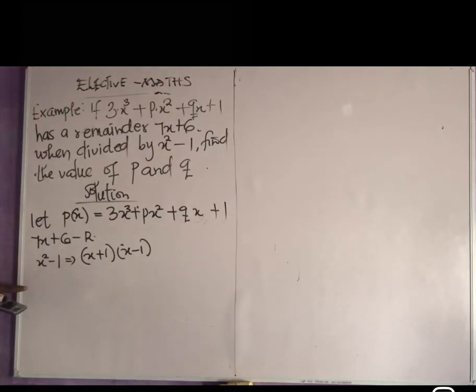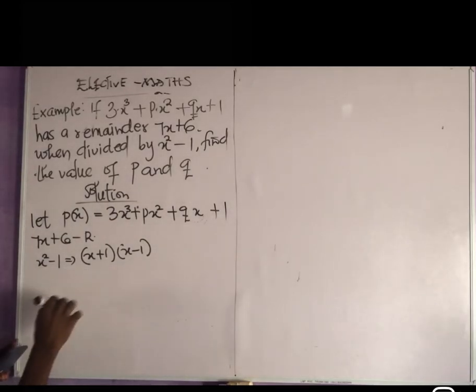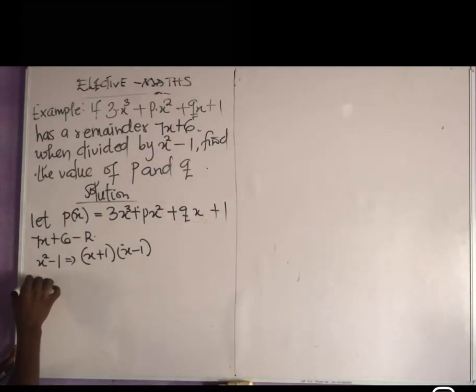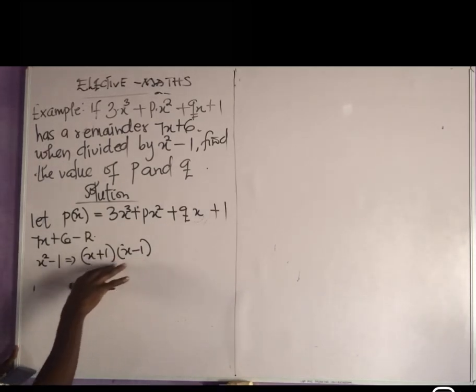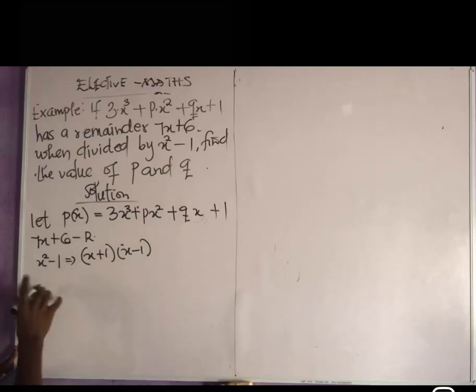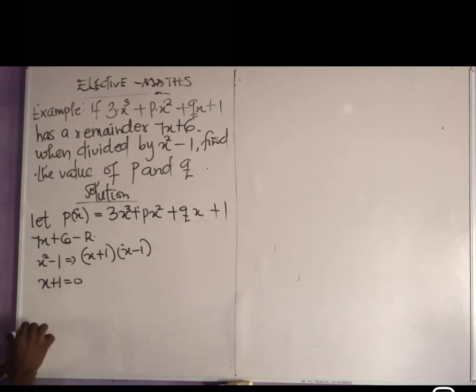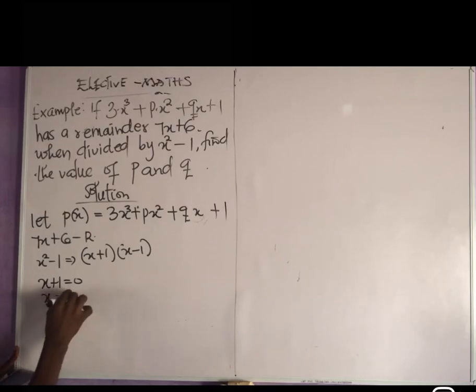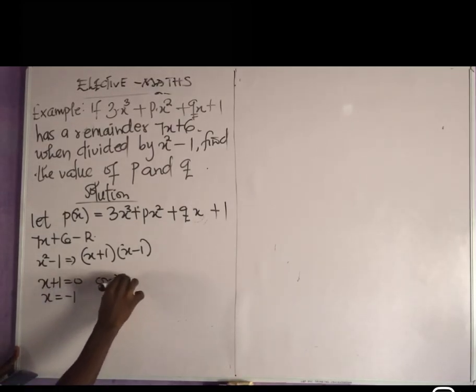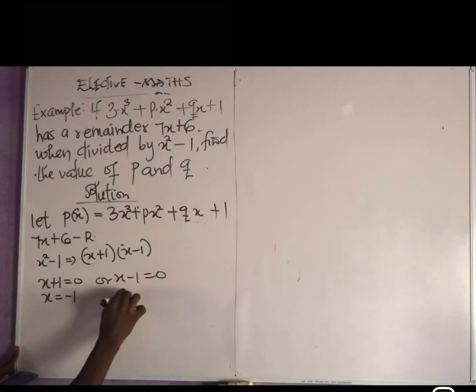Alright, so from here, if you want to get your divisor, you have to set it to 0. So I'll take x plus 1 and set it to 0, so x will be equal to negative 1. Or x minus 1 equals 0, so my x will be 1.